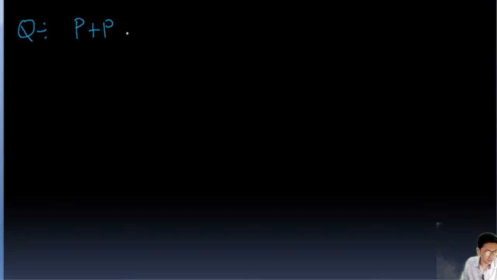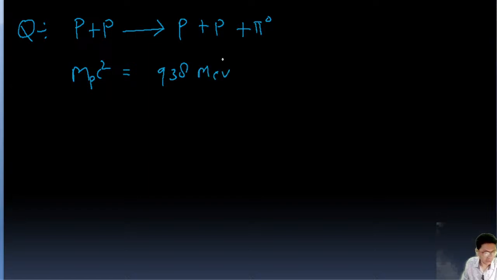P plus P equal to P plus P plus pi naught. We have been given MPC square, that is 938 MeV, and M pi C square, that is 137 MeV. We need to find out KTH.